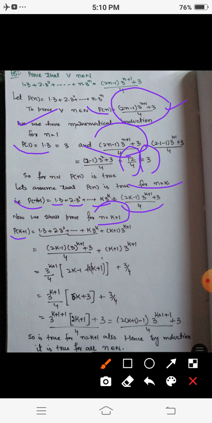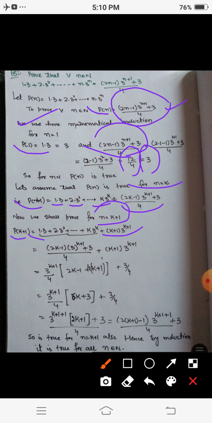Here P of k plus 1 is 1 into 3, 2 into 3 square, plus so on up to k into 3 raised to k, and for k plus 1 it is (k plus 1) into 3 raised to power k plus 1.